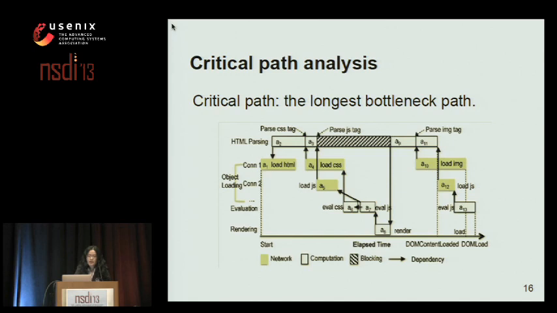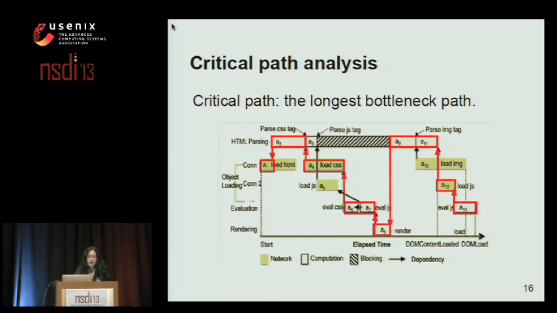Then, let's look at how we do critical path analysis. We define the critical path as the longest bottleneck path. First of all, we look at the last activity, and then we recursively look backward at all the activities that the current activity depends on and that happen last, which is this path.